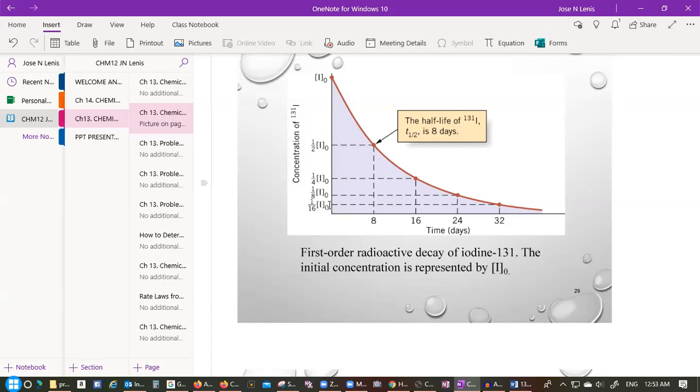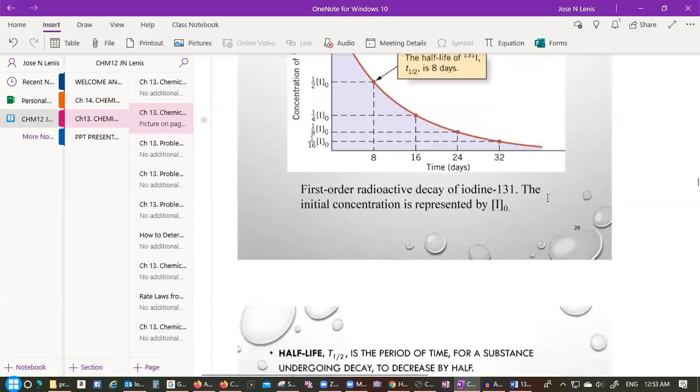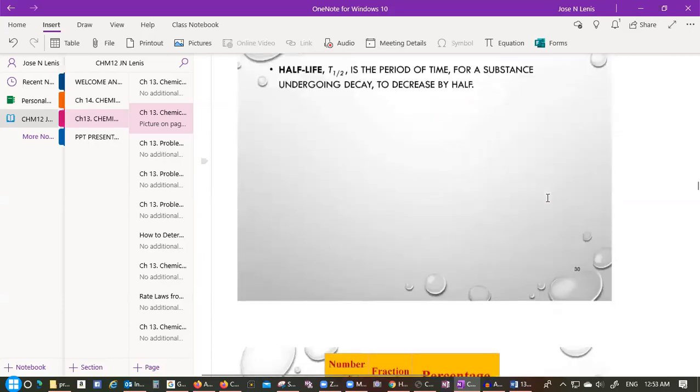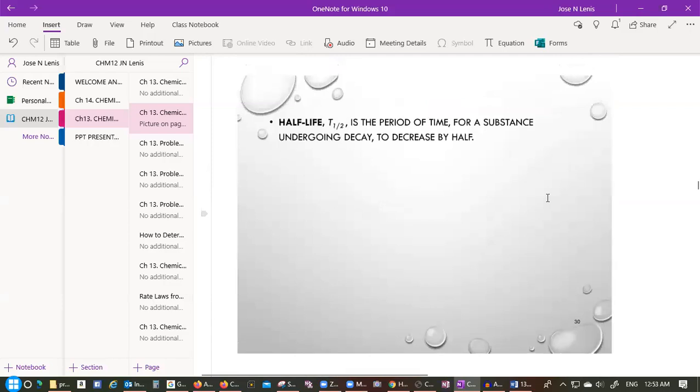And the way to represent that is saying T 1/2 is 8 days. So this symbol represents the half-life. What is the definition of half-life? And again, this is the symbol for half-life.